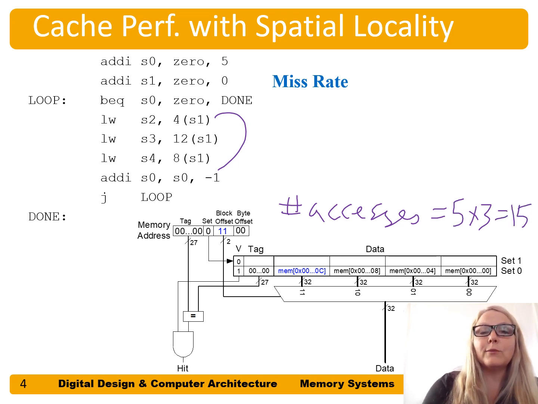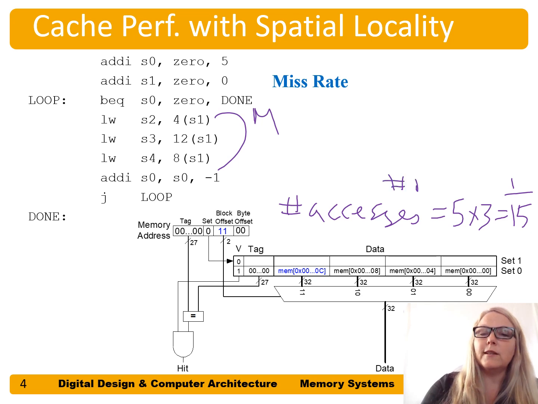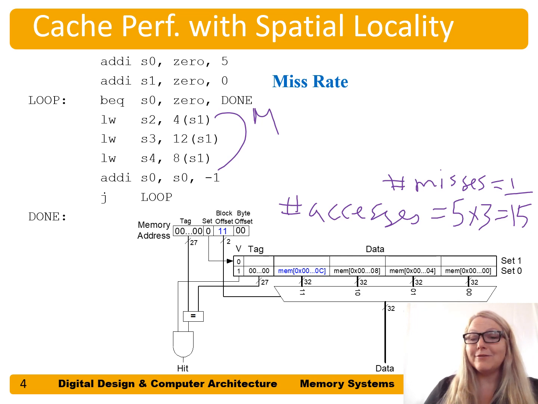The number of misses, well, just that first one was a miss. We have just a single miss. So our miss rate is 1 out of 15. And so you can see the advantage of spatial locality.